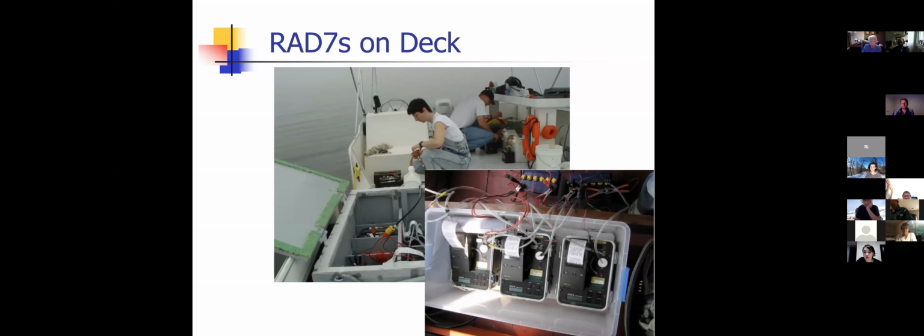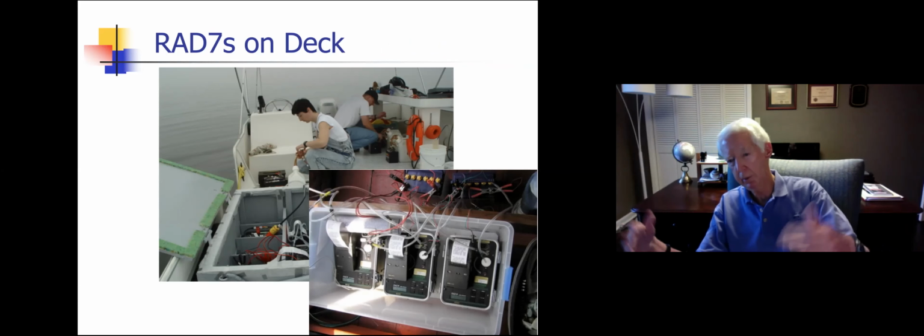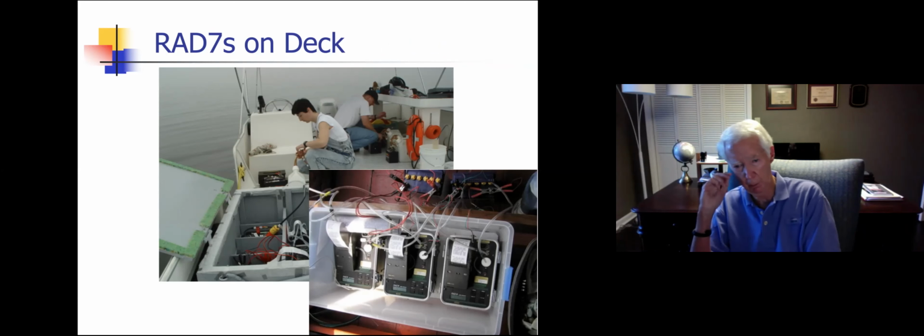So we discovered that you could buy these very inexpensive plastic storage boxes. The one I'm showing can easily fit 3 Rad-7s for field work. You can put a cover over it to keep the Rad-7s out of the weather, but it's also good for shipping.